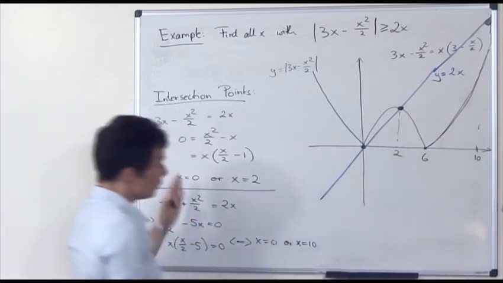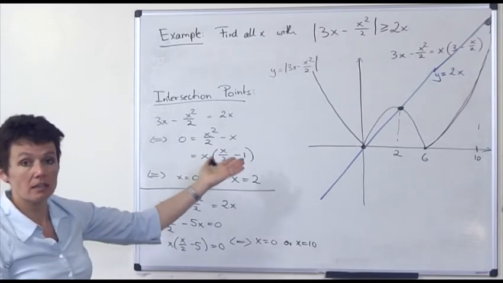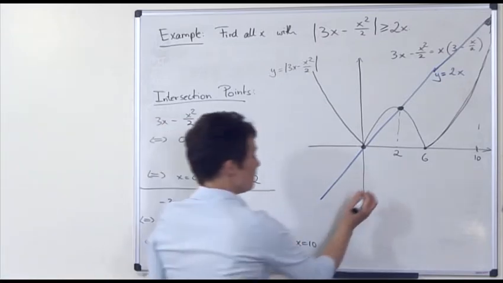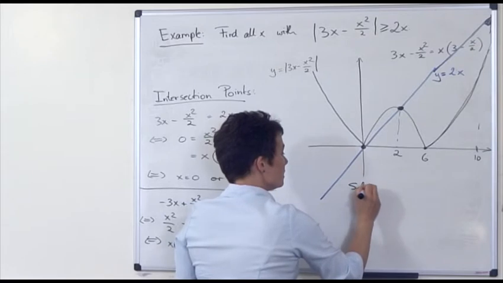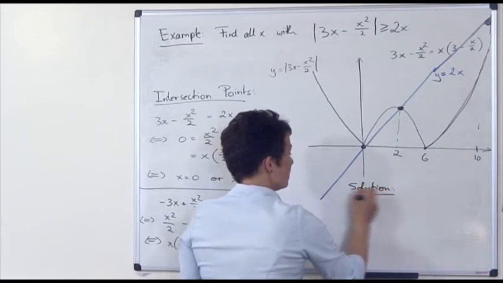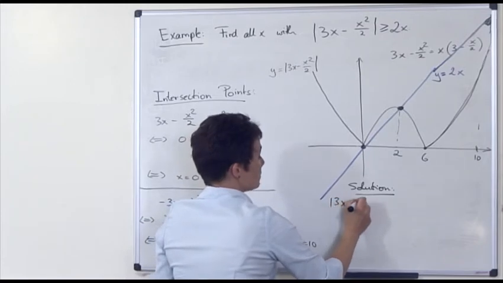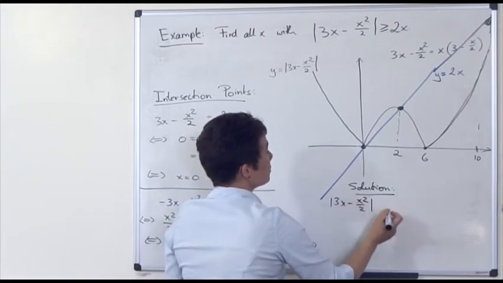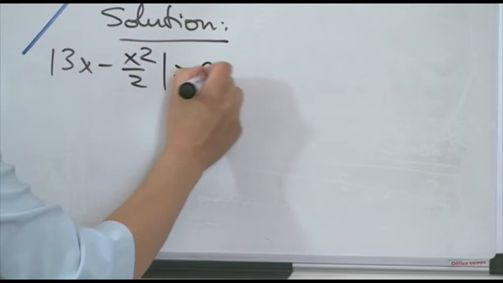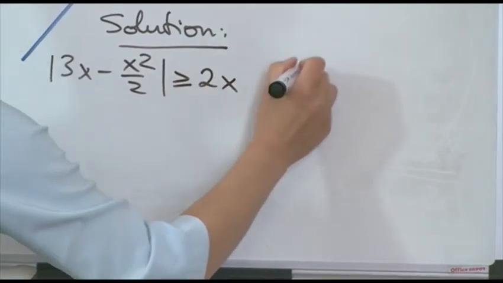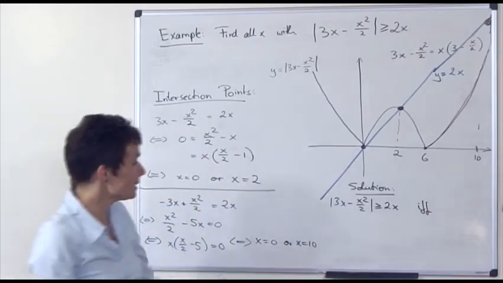So without any further algebra, we can now write down the solution. Let's just summarize. We have that the modulus of 3x minus x squared over 2 is greater than or equal to 2x if and only if, well, for which x is this the case?